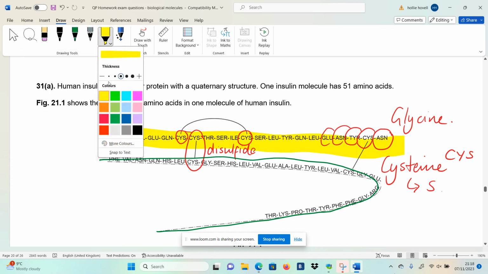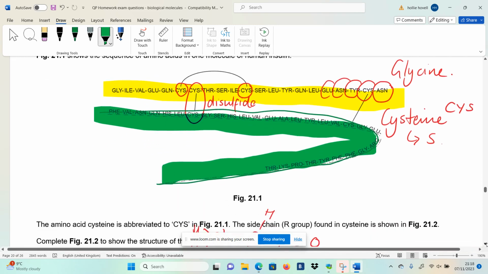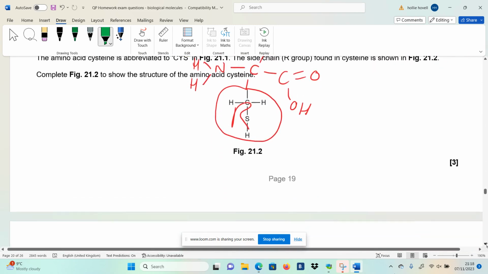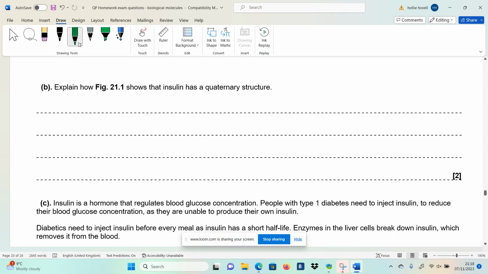It'd be better if I just did that in two highlighters, wouldn't it? So we've got one polypeptide there and one polypeptide here. Okay, so it's made of two polypeptides. That's why it shows that it has a quaternary structure. It has more than one polypeptide chain.